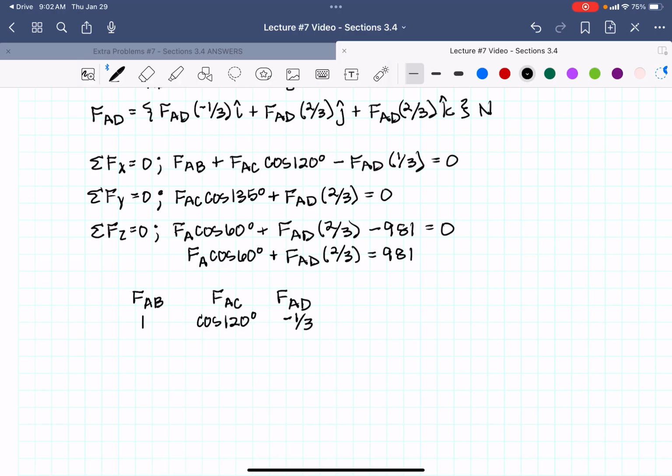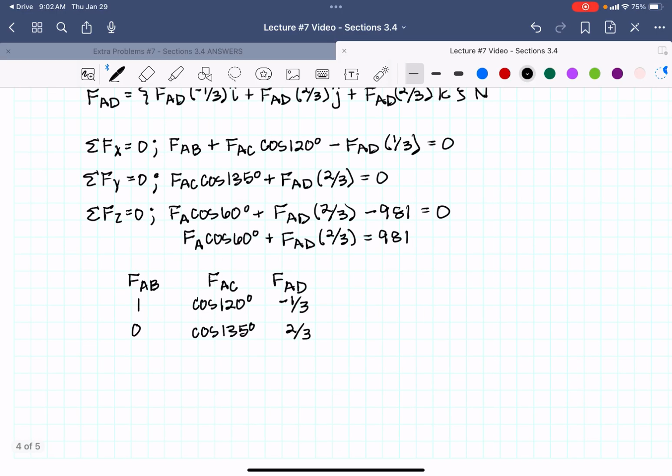For my second equation, I don't have any FAB. I have FAC times the cosine of 135 degrees. I have FAD is 2/3. And then in my last equation, I don't have any FAB. I have FAC times the cosine of 60 degrees, and then I have 2/3. So that's my first matrix, my 3×3 matrix.